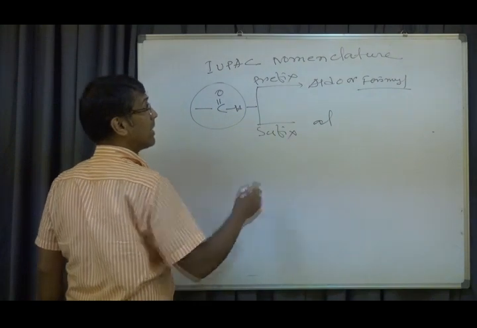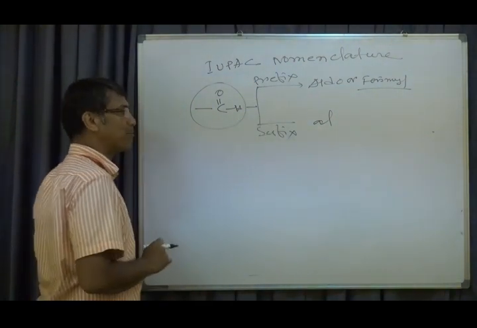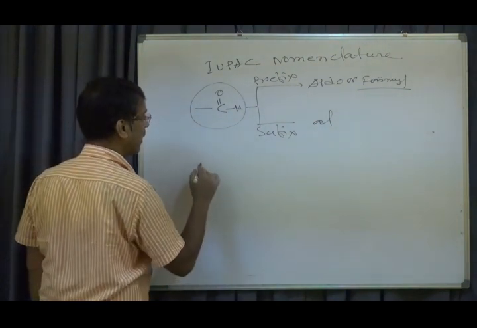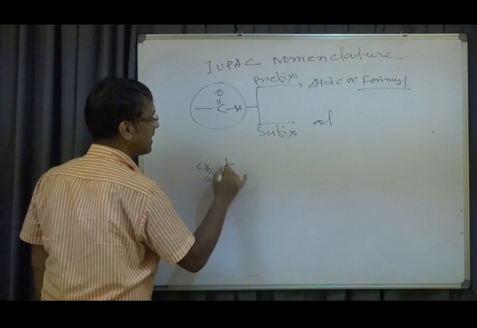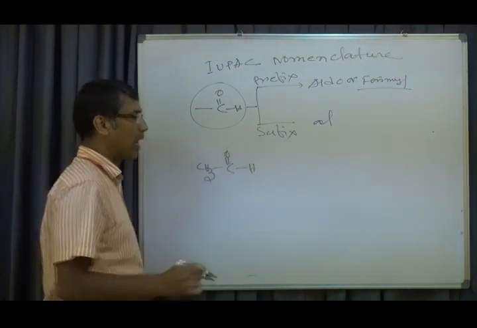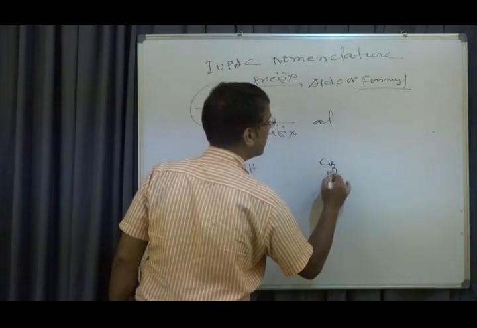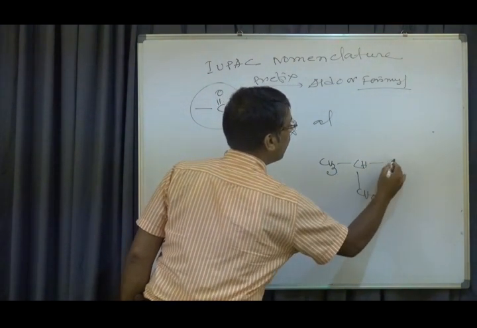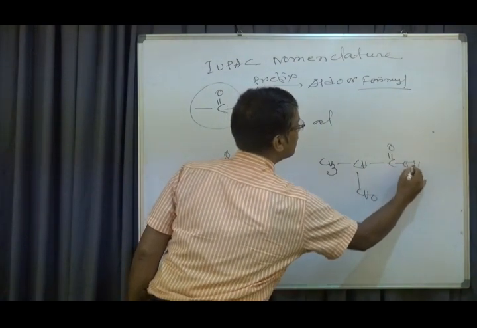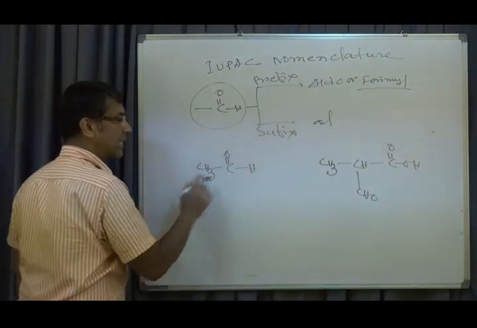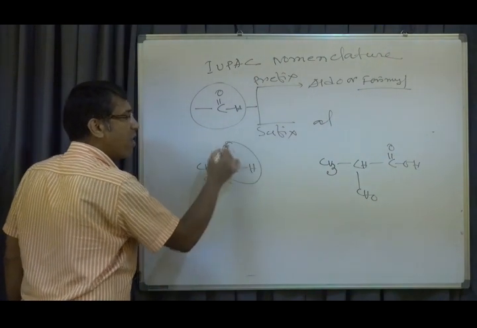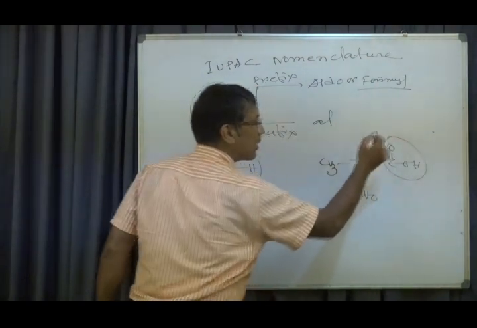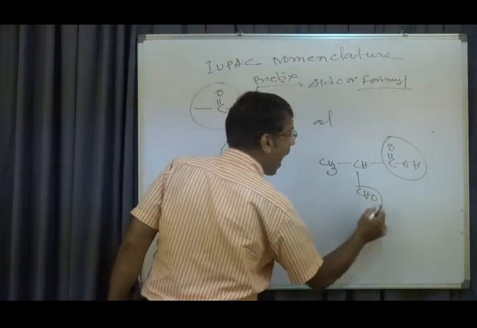So the question arises, what is prefix and what is suffix? I am giving you two examples, such as CH3CHO and CHO-COOH. You see that there is only one functional group in the first and two functional groups in the second, carboxylic acid and aldehyde.